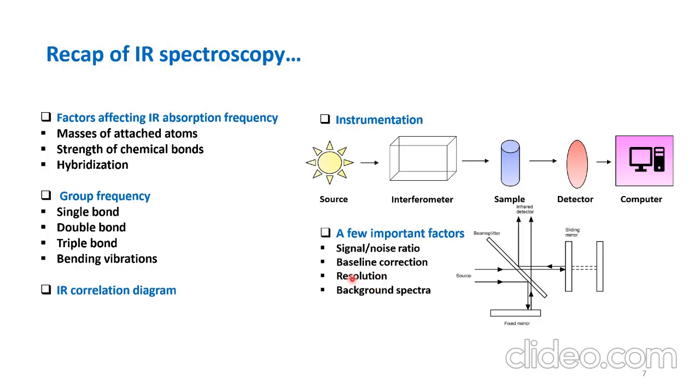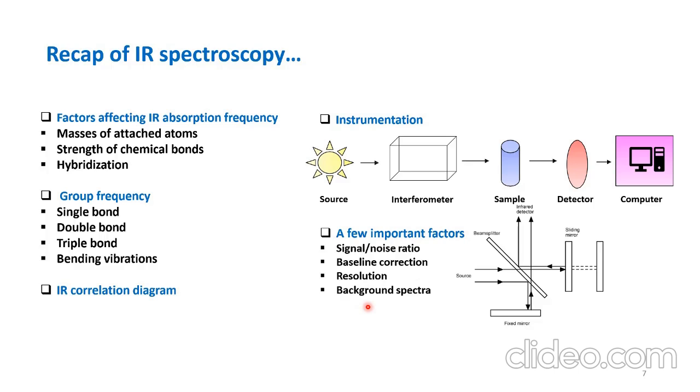Then resolution. The resolution value should be low, meaning the difference should be small, so that we can separate the peaks if they are very close to each other. Then background spectra.